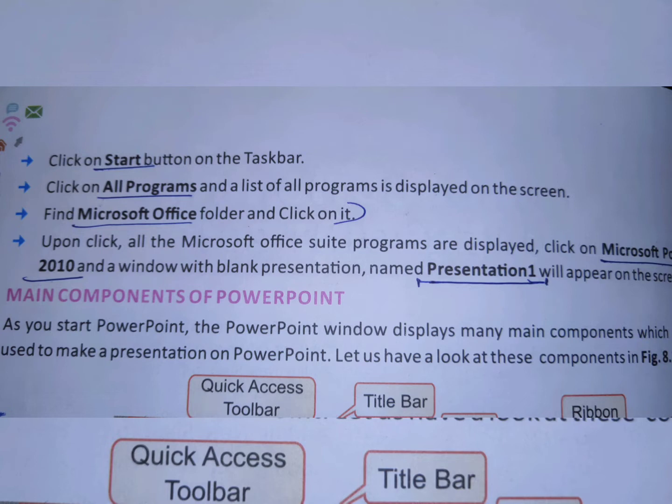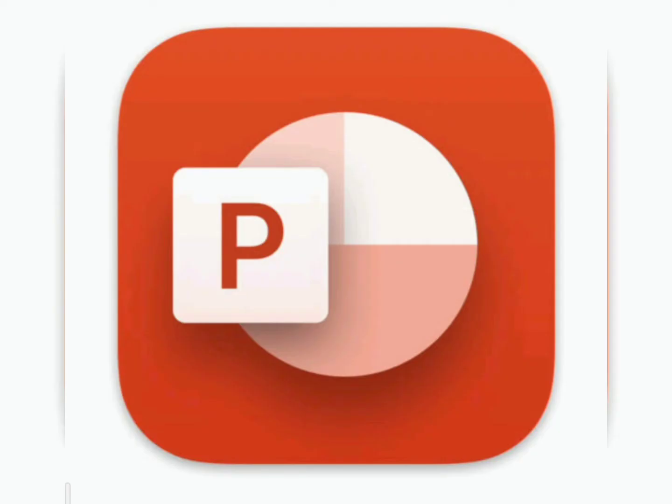For starting Microsoft PowerPoint, go to the Start button and choose All Programs. From All Programs, select the folder Microsoft Office and scroll down, and there we can see Microsoft PowerPoint 2010 with the icon of an orange P. So just double click Microsoft PowerPoint 2010.